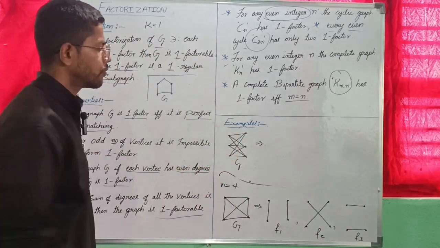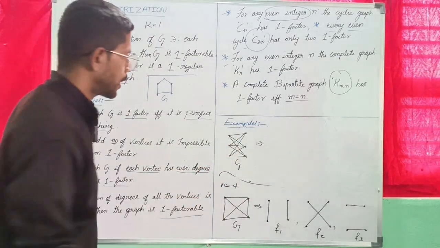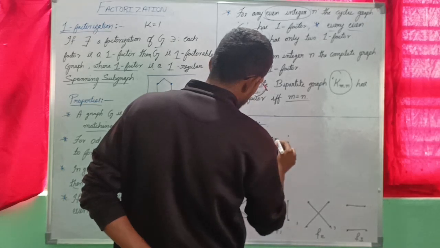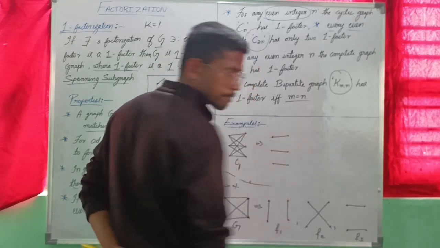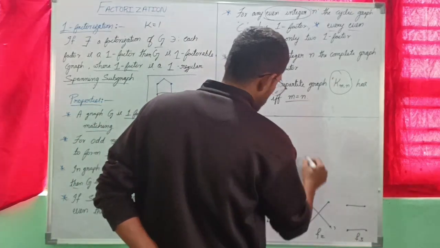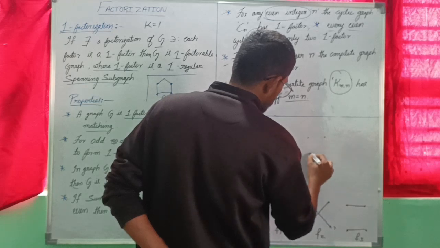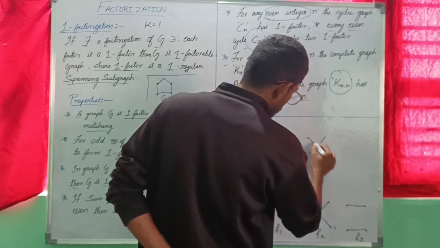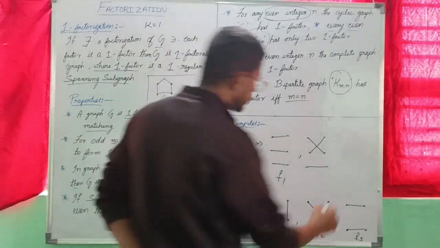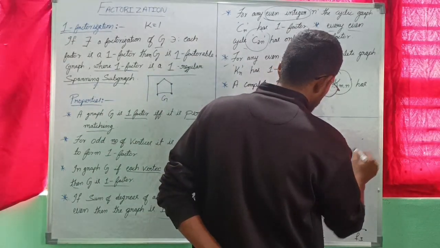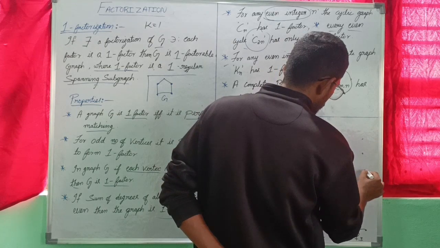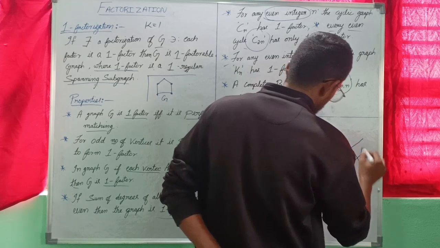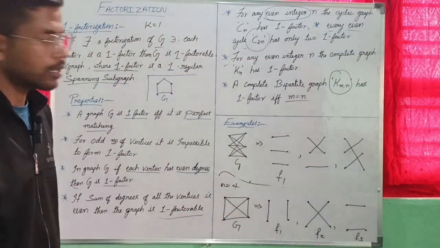When I decompose this graph G into multiple factors, we get F1, F2, and also some other factors.